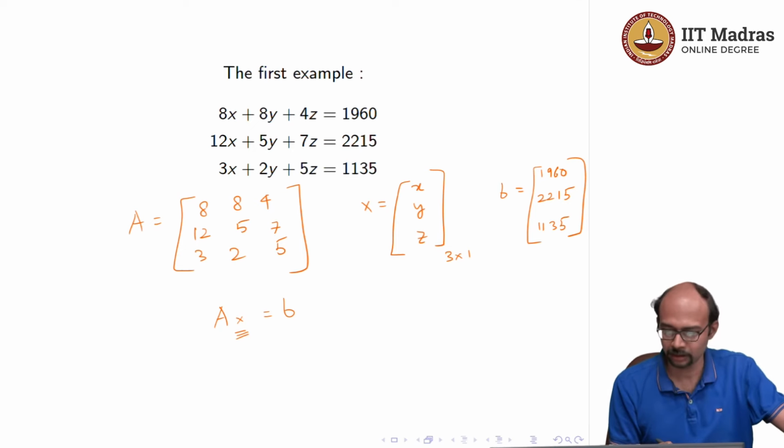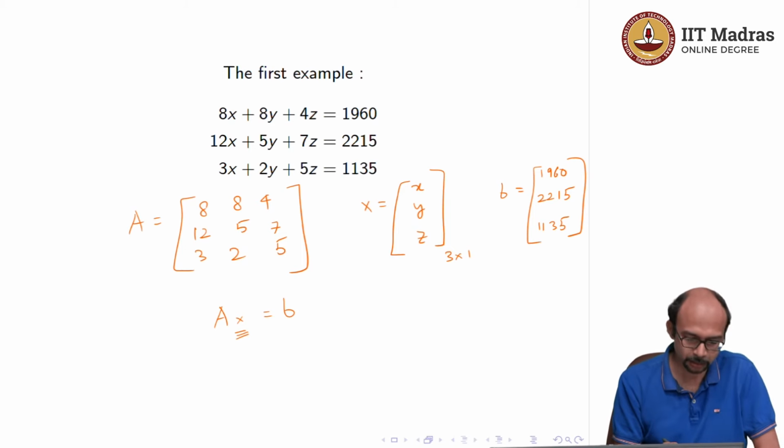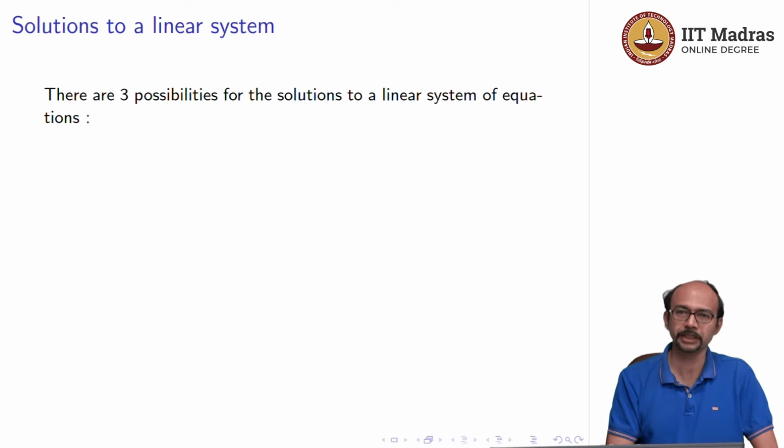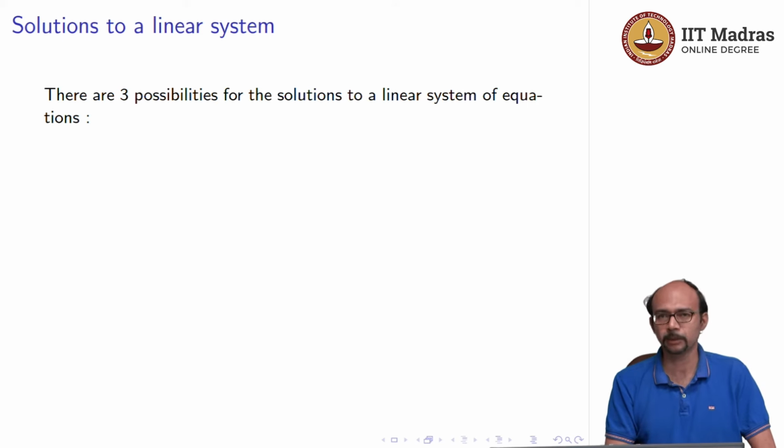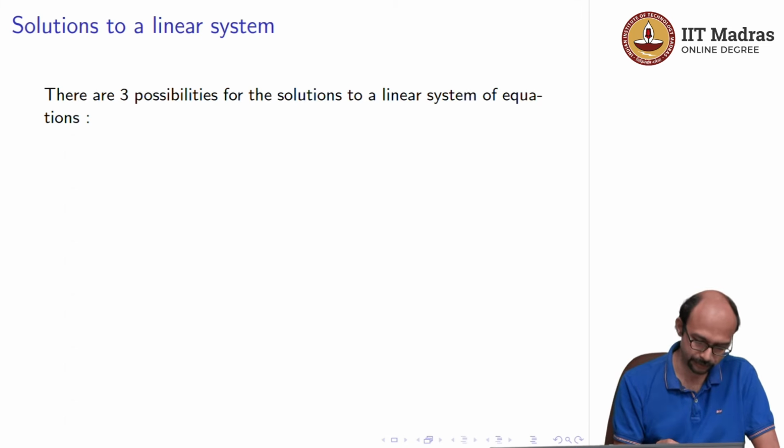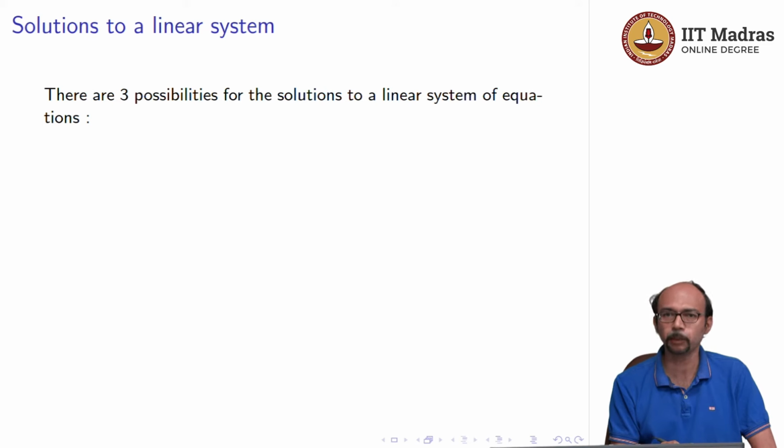So we have seen 2 examples of the connection between systems of linear equations and how to represent them in matrix terms. Now let's talk about solutions to a linear system. I explicitly found the solutions for the first example, and I asked you to check that x is 1, y is 1, z is 1 is the solution for the second example. In general, what can we say about solutions of a linear system? It turns out that there are only 3 possibilities.